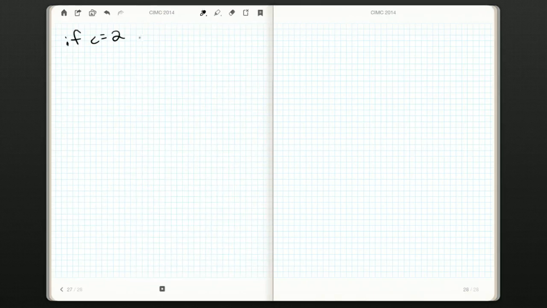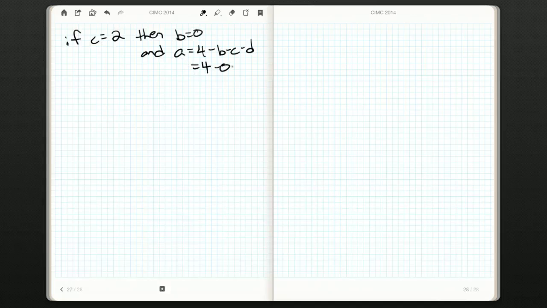So if C is 2, and A is 4 minus B minus C minus D, we'll stop writing the and we'll figure out what A is eventually. 0 minus 0.